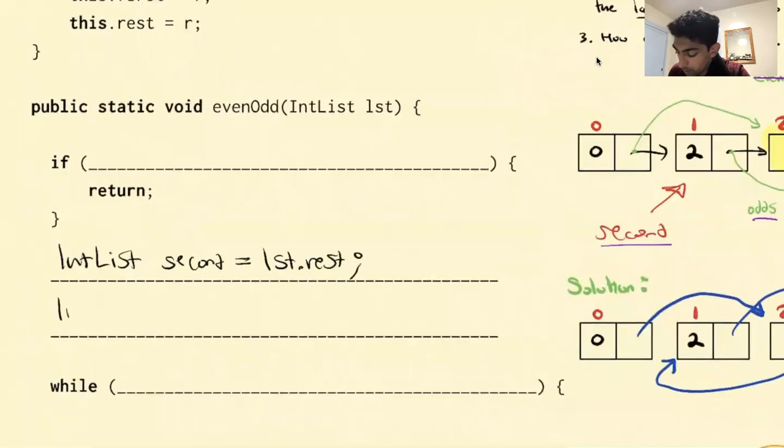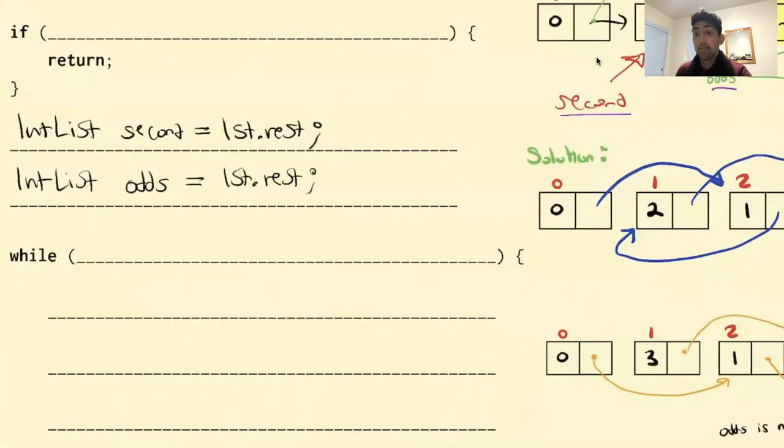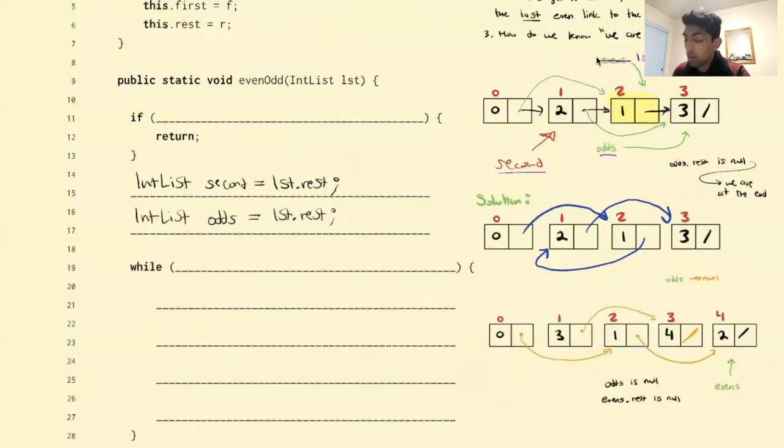In the same light, we will create an odds pointer, which will also start off at list.rest. And then what we're going to do is we're going to keep iterating while we aren't at the end. And we know that we're at the end because odds.rest is null or evens.rest is null, right? That means we're at the end. So we're going to keep going while these both aren't the case.